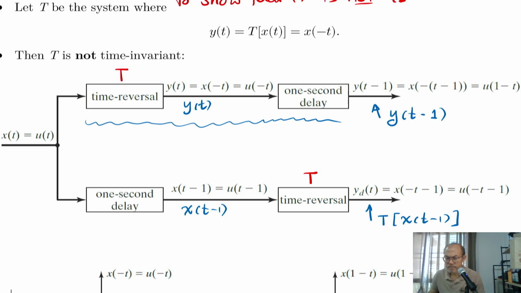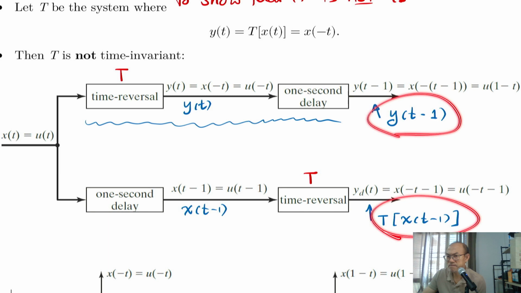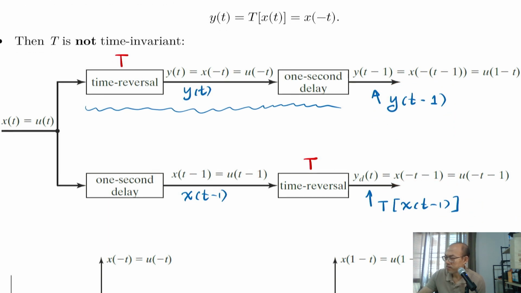Now, for this system to be time invariant, these two signals have to be the same. This is the output if we put in the signal at time 1. If we delay the signal by 1 second, this is going to be the output. But this is the output from time 0 delayed to time 1. For the system to be time invariant, these two have to be the same.